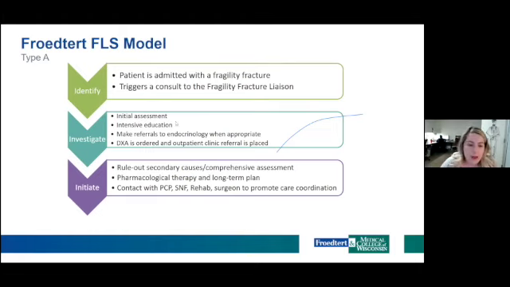The difference between Aaron and I is I really focus on this identify and this investigate piece. And then my ultimate goal is to get that patient the appropriate follow-up that they need. So I myself do not do any sort of initiation of treatment on the inpatient side. And we will definitely go in and talk about that a little bit more.